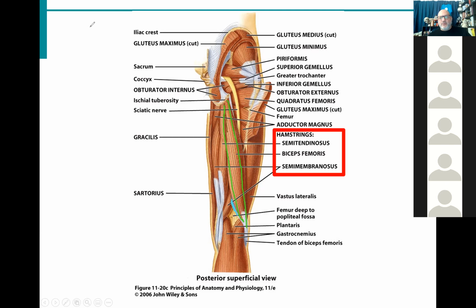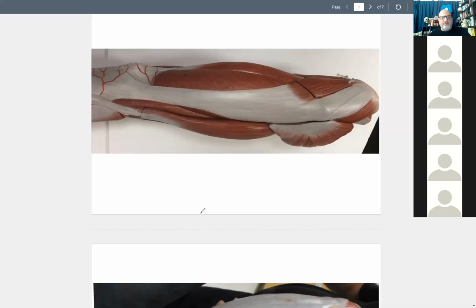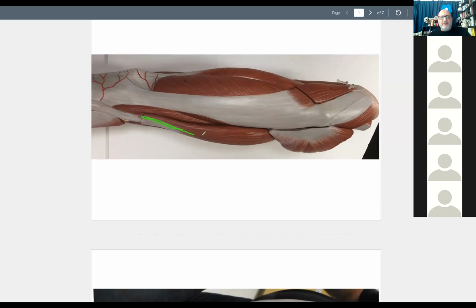Luckily, if we go back to here, notice here, looking at the lateral aspect of the leg, we can see the long head of the bicep femoris. And then peeking out underneath it, we can see the short head of the bicep femoris.